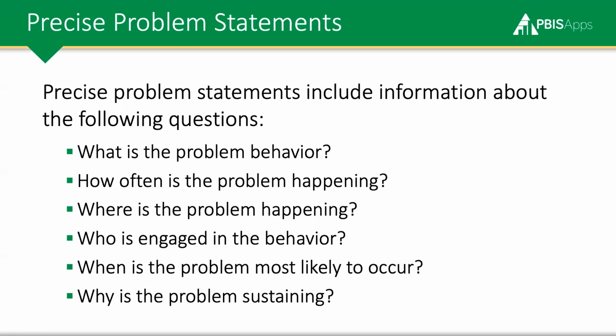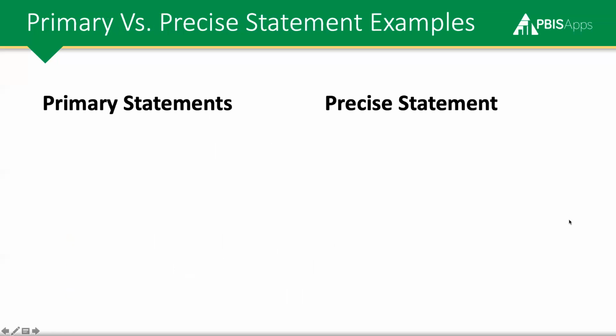It's a pretty important question because it helps us understand the motivation around this problem behavior in this particular context. So something to think about, to jot down: does our system include why the problem behavior is sustaining? That's that last piece of information that's pretty crucial in helping us start to develop action plans around precision statements.